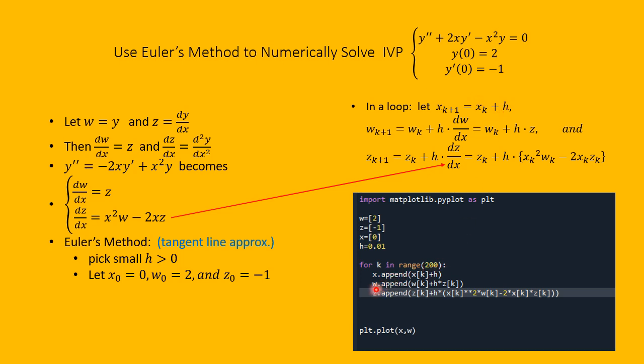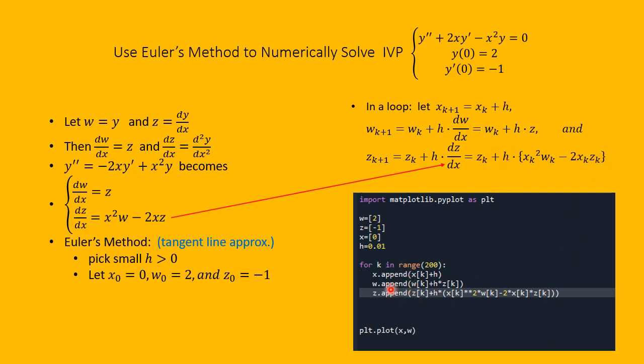I'm going to start making a w list too. w.append(w[k] + h times z[k]), which is what we have more or less right here. z.append, and then we'll have this appended to that: z[k] plus h times the quantity x[k] squared times w[k] minus 2 times x[k] times z[k], which is what we have right up here.